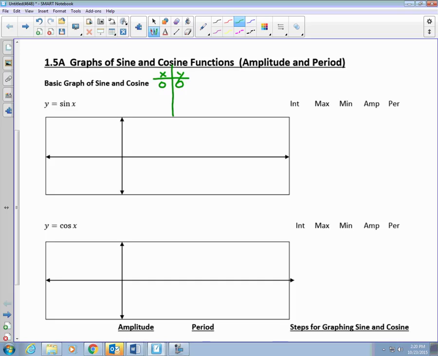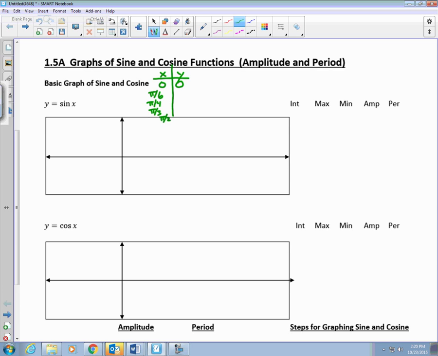Now, there are some very nice spots where sine has unique values, and those are pi over 6, pi over 4, pi over 3, and pi over 2. Is sine the y value or the r value? It's the y value, okay?